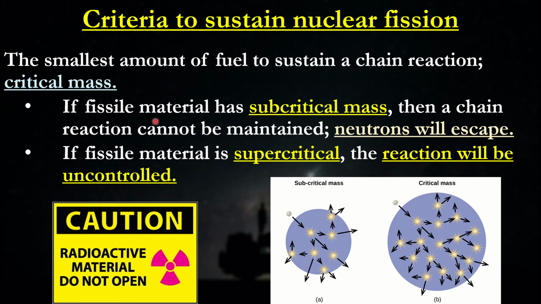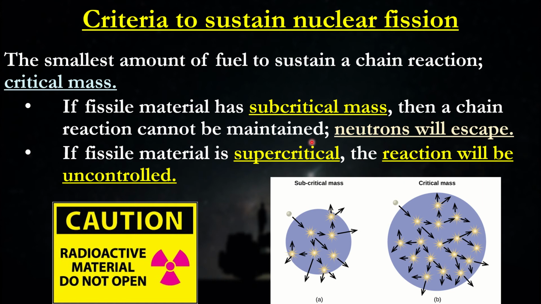If the fission material has subcritical mass, then a chain reaction cannot be maintained. Once a neutron collides with one particular nucleus, it might not be able to release other neutrons to collide with other nuclei.